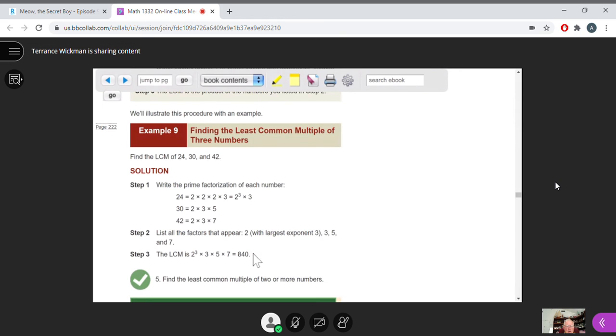And you know it has to end in a 0. You know it has to be divisible by 3 because 2 plus 4 adds up to a 6, and that's divisible by 3. So there are some tricks to it. But the best thing with your calculator is to take the largest number, 42. If they won't go into it, then you take the next one, 84, keep going until you get the number that all three would like.